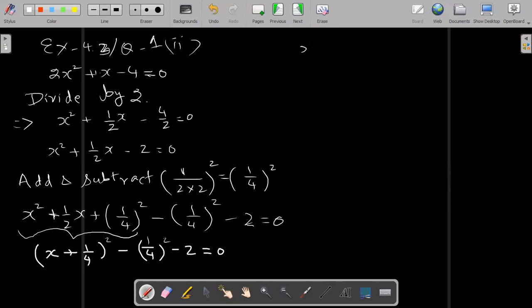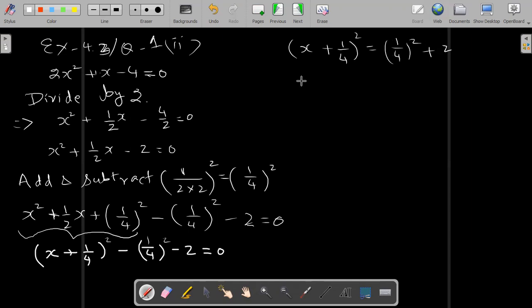Only the perfect square will be left on the left hand side. 1 by 4 whole square is left on the left hand side, and other numbers you can bring. 1 by 4 whole square will become positive because this is negative, and minus 2 will also become plus 2.